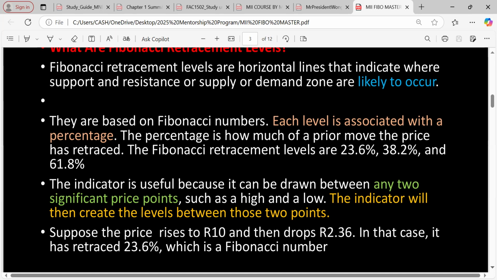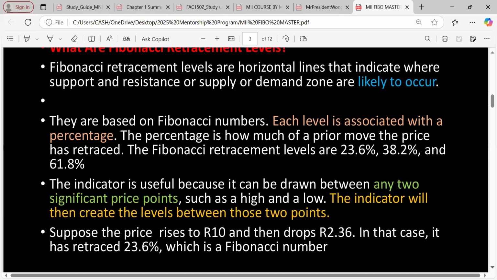But this indicator we mainly use to mark certain points in the charts. Mainly we connect two points. An example: let's say the price of something, say apples, rises to 10 rand.